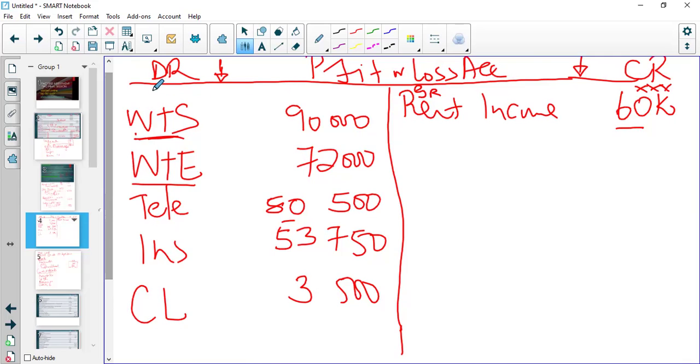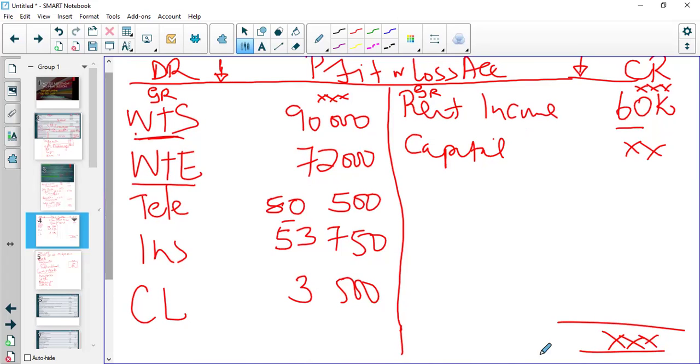If it was a gross loss, it would be on this side. The smaller side provides the balancing, so in this case the smaller side is the credit. So capital would be here to provide the balancing figure, and then we can balance the account. We have discussed this balancing of accounts, so that's very basic. So that's your profit and loss account.